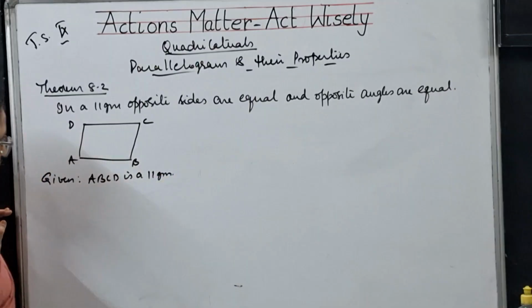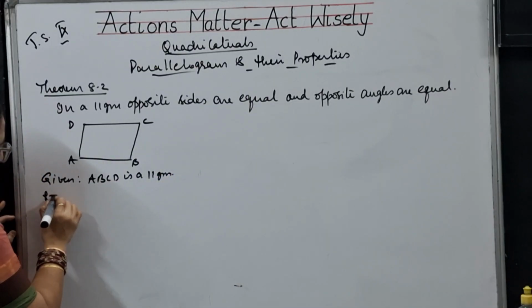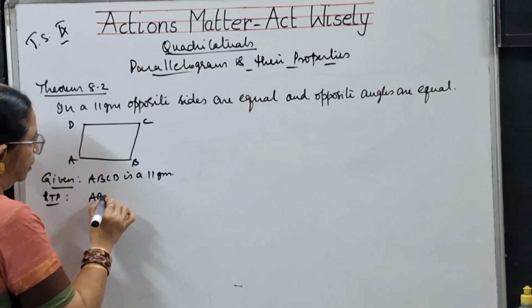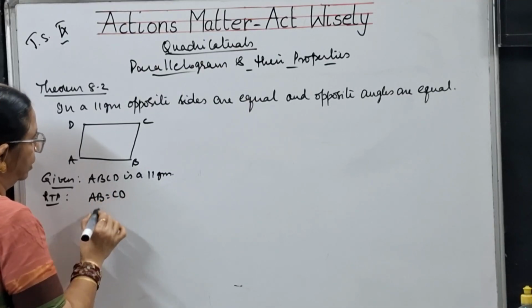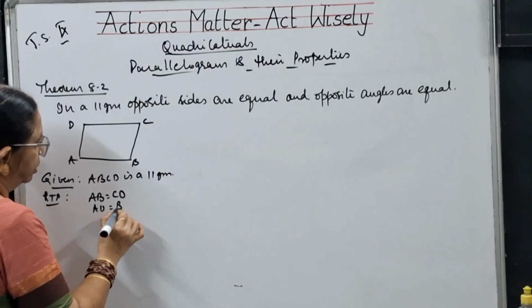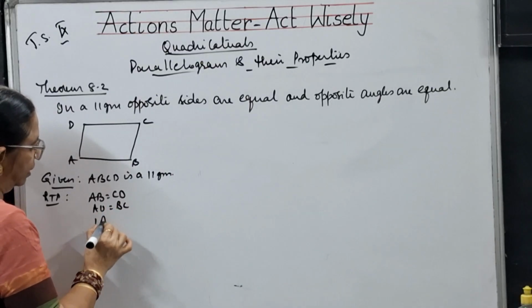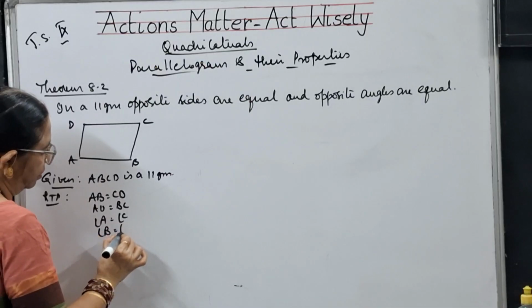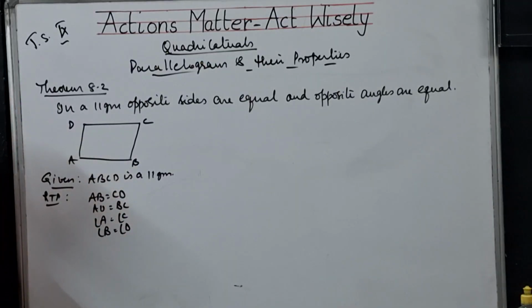That's all. What is RTP? We need to prove that AB is equal to CD and AD is equal to BC, angle A is equal to angle C, angle B is equal to angle D. This we need to prove.